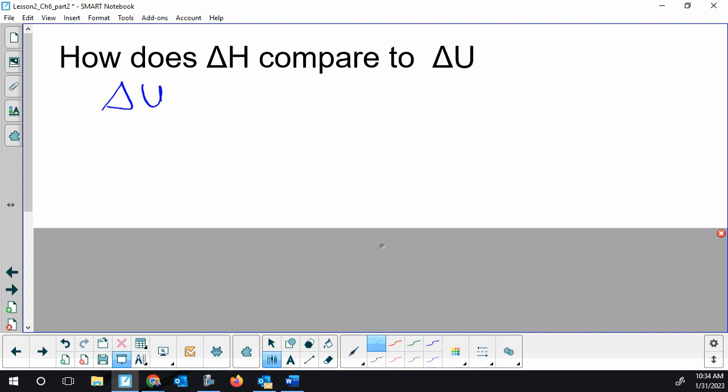So change in internal energy is Q plus W. If we do this under constant pressure, that Q is our enthalpy change.